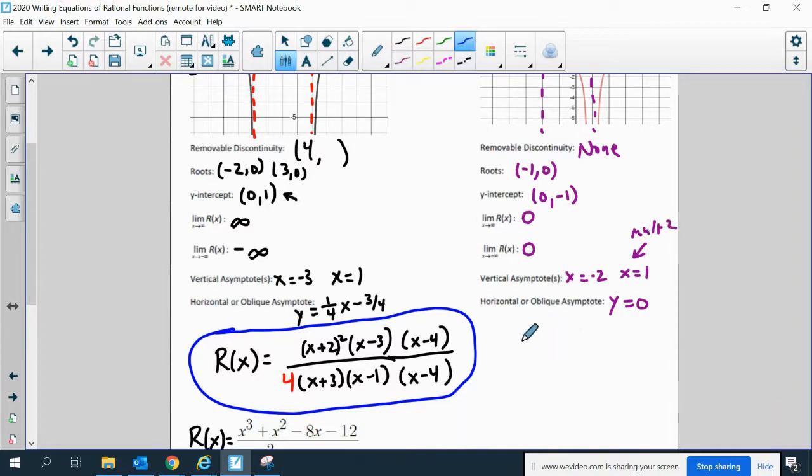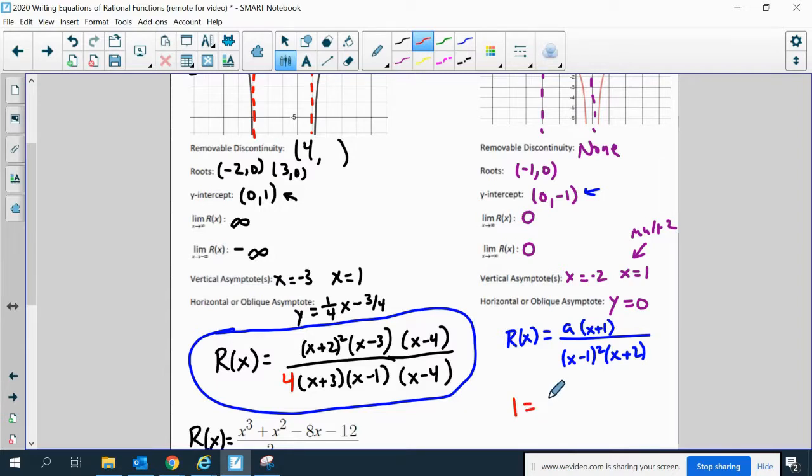So if I'm going to write this, I need to remember that this has multiplicity 2, and I can write r of x is equal to a times (x + 1) over (x - 1)^2 times (x + 2). And then I know that I can use the y-intercept in order to figure out what a is.